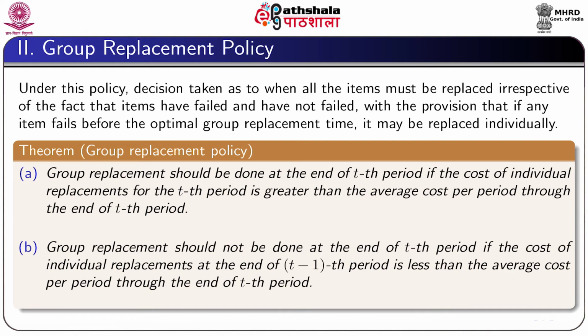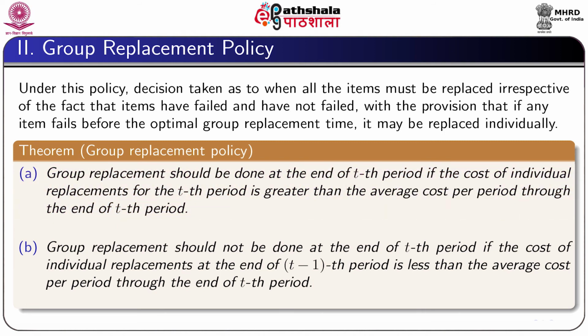We now state and prove a very important theorem of group replacement policy. The theorem states that group replacement should be done at the end of the tth period if the cost of individual replacements for the tth period is greater than the average cost per period through the end of the tth period.